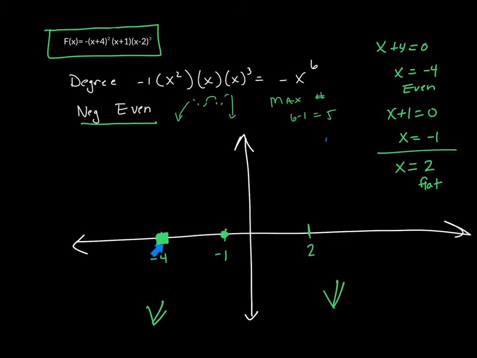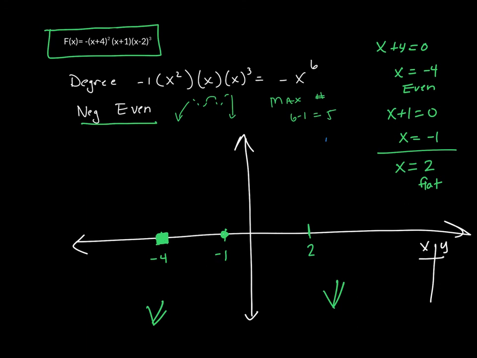I'm going to come up, touch this, not go through it, come back down, go through 1, go up, and then come up and come down and kind of flatten myself out over here. Now, we do need a couple of different values. What happens in between negative 4 and negative 1? I don't know. So we need to find that point.